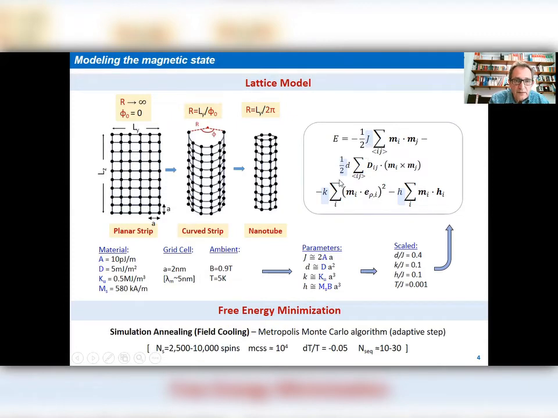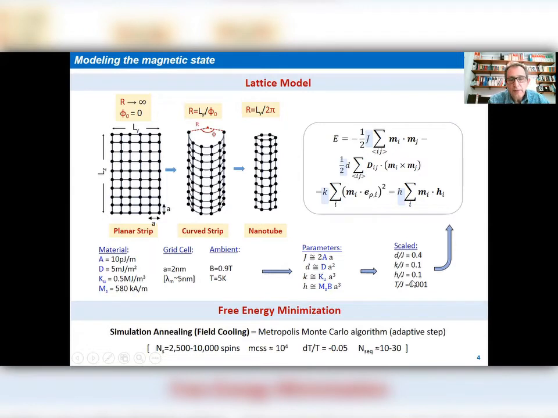To determine these lattice parameters, we assume typical parameters for the materials composing this nanostrip, which are typical of a transition metal-heavy metal interface. We discretize it with a square grid, and we assume a grid cell size equal to 2 nanometers, and we end up with the parameters shown on the right.